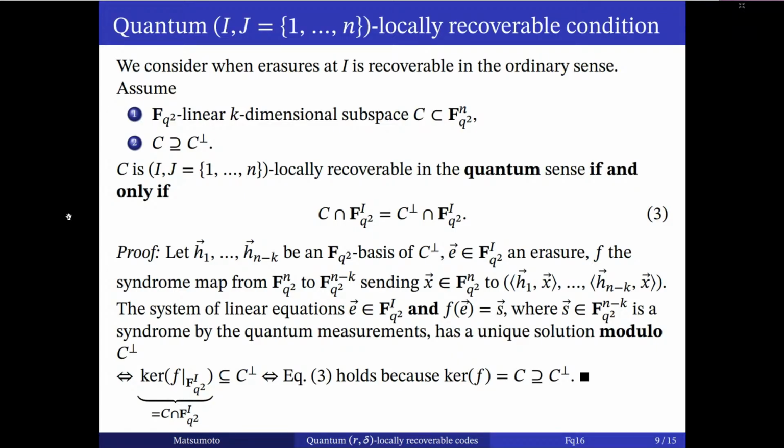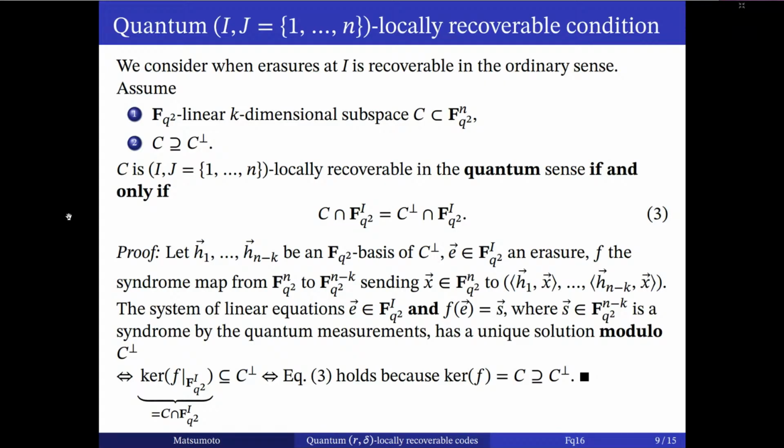Here, this set is equal to C intersection Fq to the I, that is, the shortened code of C onto the index set capital I. Then, because the kernel of F is equal to C, which contains C-perp, this condition is equivalent to equation 3.